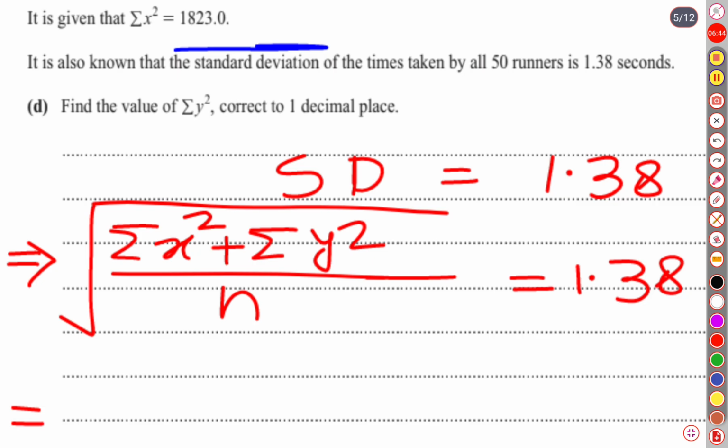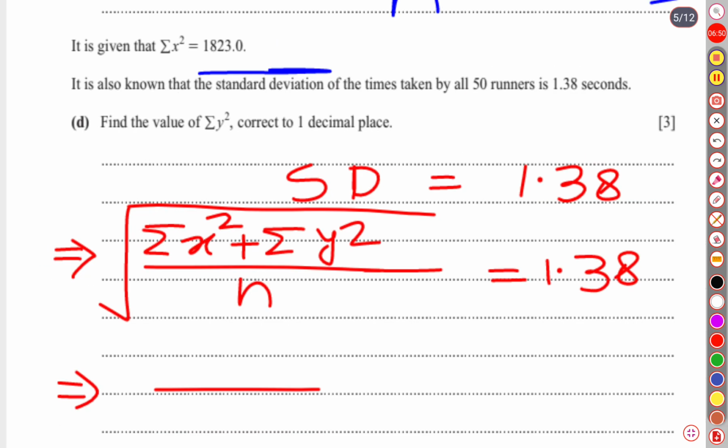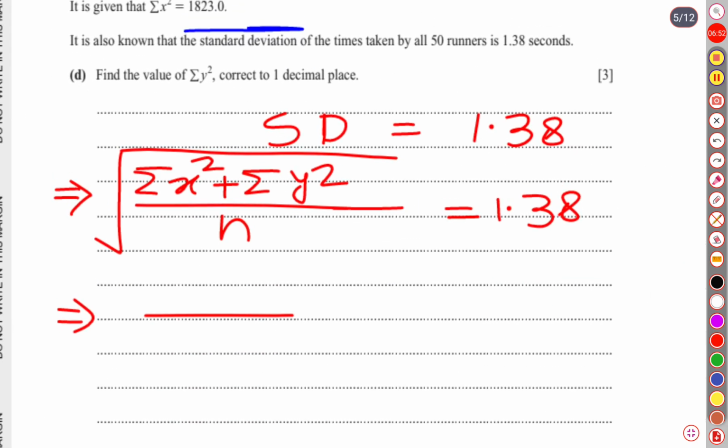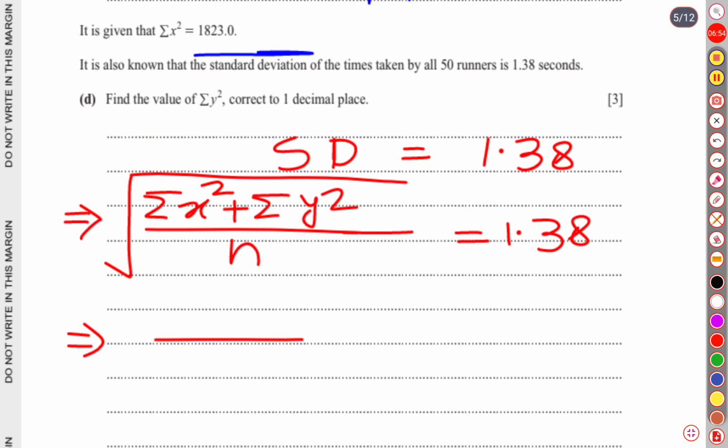After that, if we substitute the values, n means 50. We know the total number of runners is 50. So let us write 50, and sum of x squared is given as 1823.